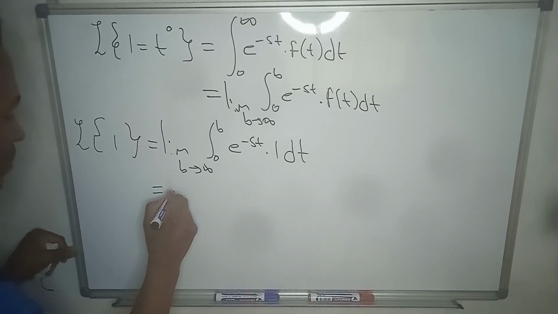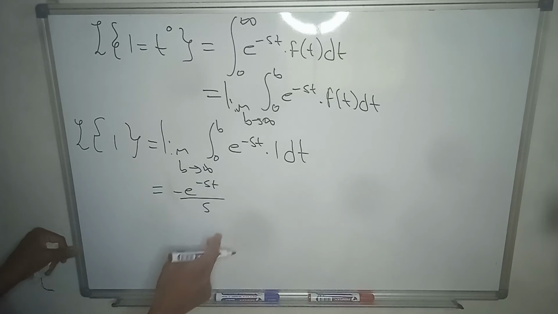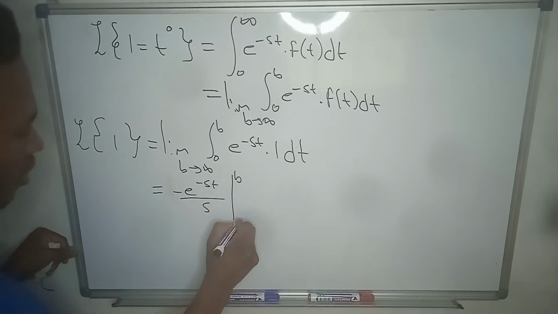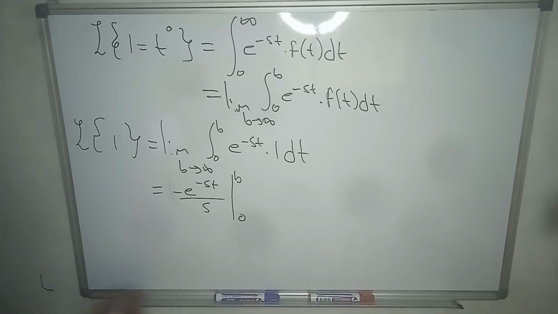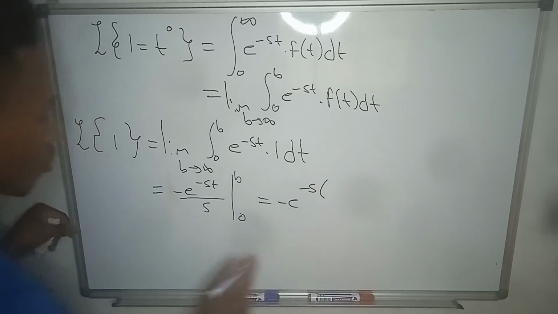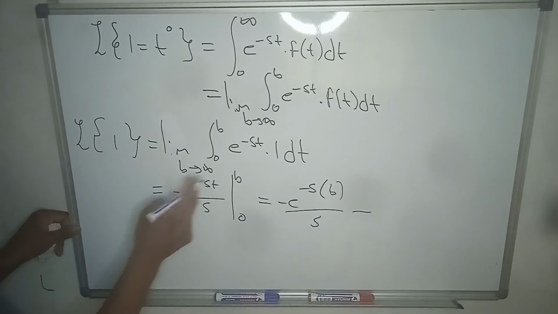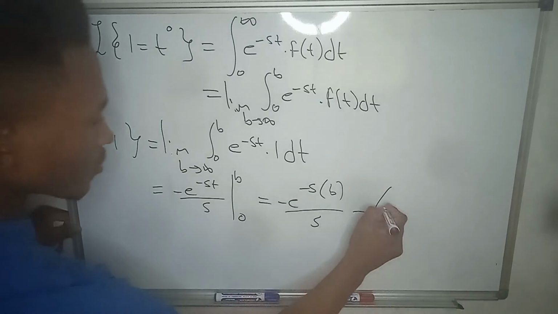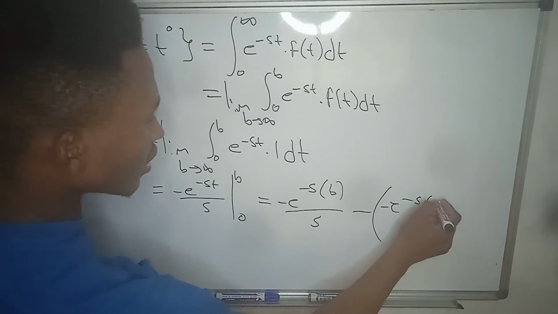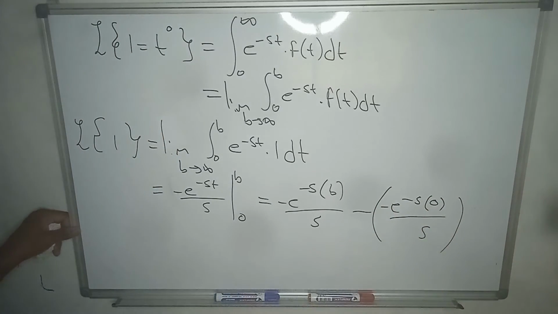So if we integrate this, it becomes minus e^(-st) all over s, because this s is constant in this case, and our limit is from 0 to b, which is the same as minus e^(-sb) all over s, minus this whole thing here, e^(-s·0), and then I'm going to substitute 0 in this case. So it will be that all over s.